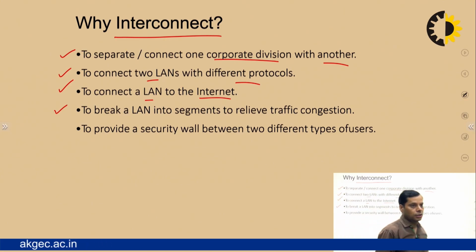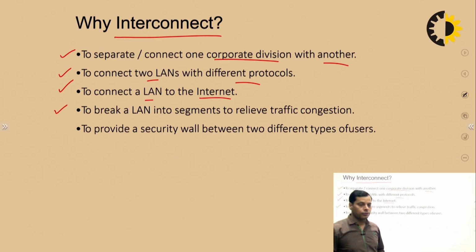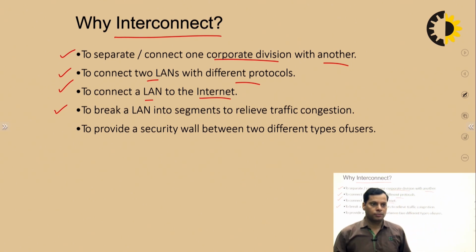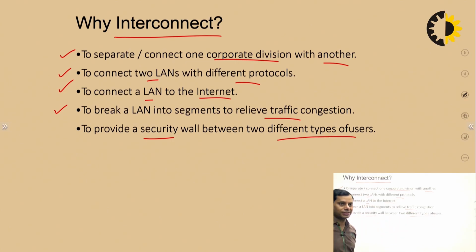That means if we want to manage the traffic on a particular section, so that traffic does not become heavy, the data in the form of packets can move from sender to receiver easily. Also, to provide a security wall between two different types of users. So, this is the need.